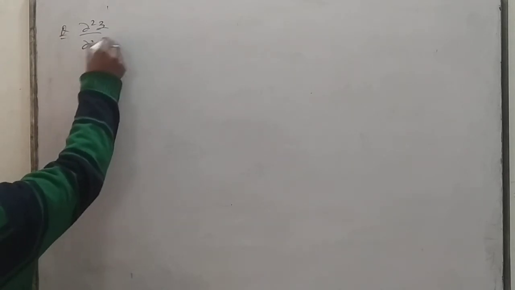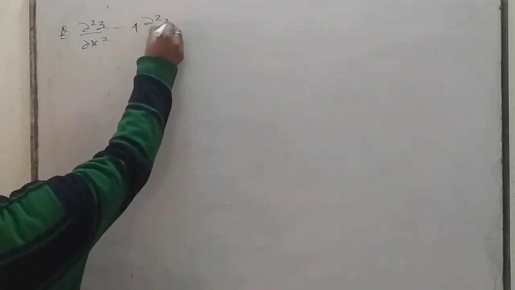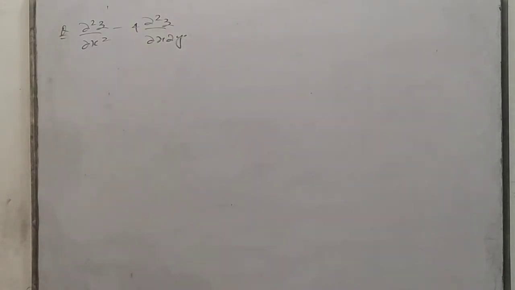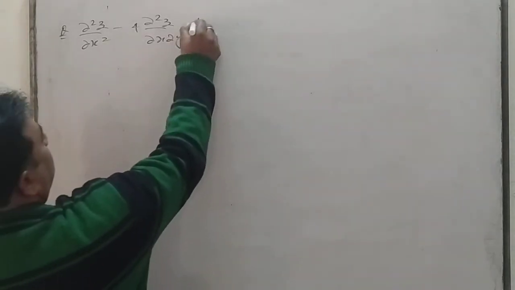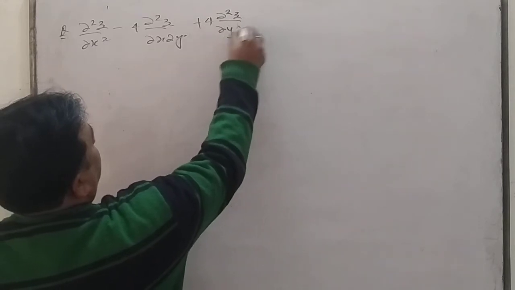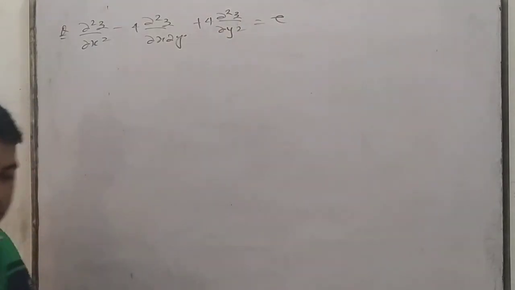Next question: del 2z over del x2 minus 4 del 2z over del x del y plus 4 del 2z over del y2 equal to e to the power 2x plus y.